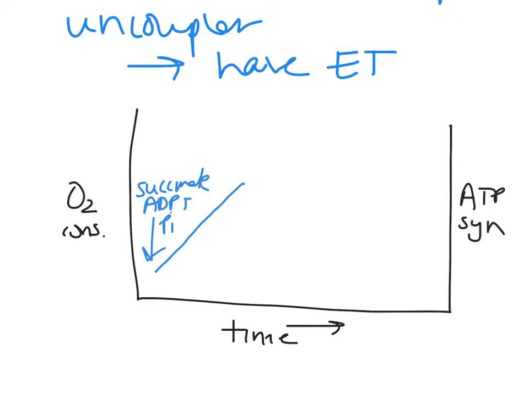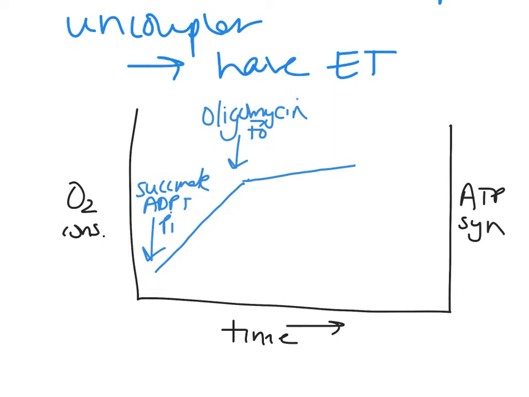Then, if we add oligomycin, which is going to inhibit F0, which is part of your ATP synthase, you're going to have a steady decline of O2 consumption.